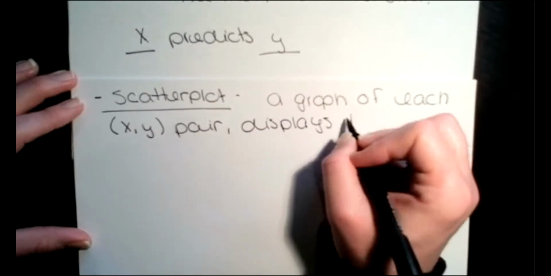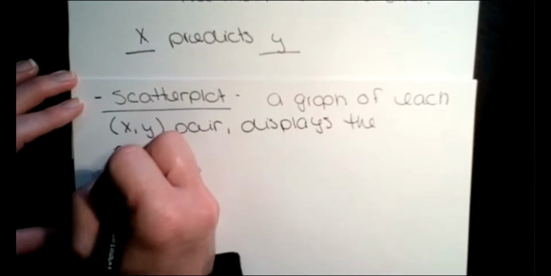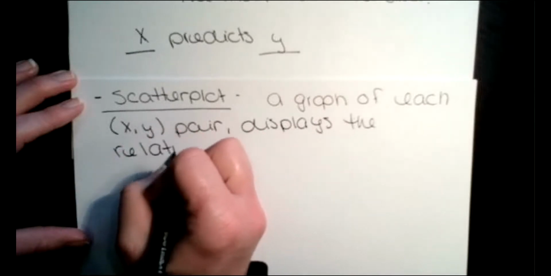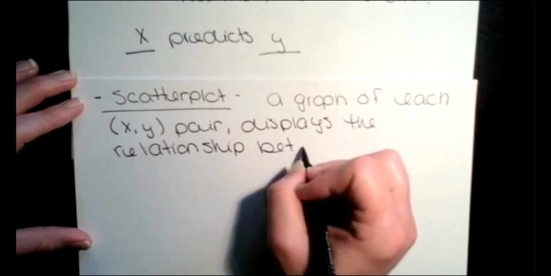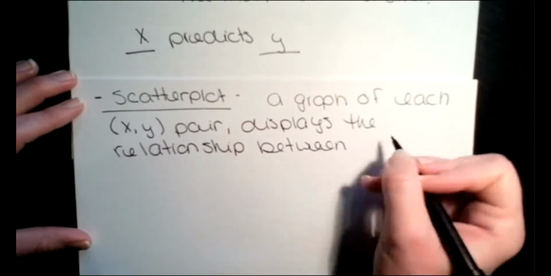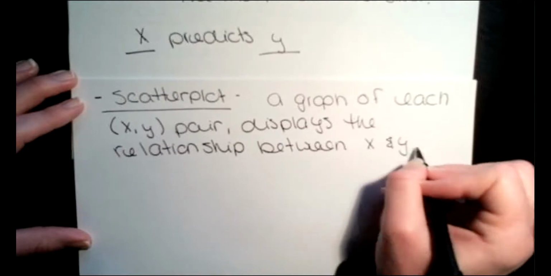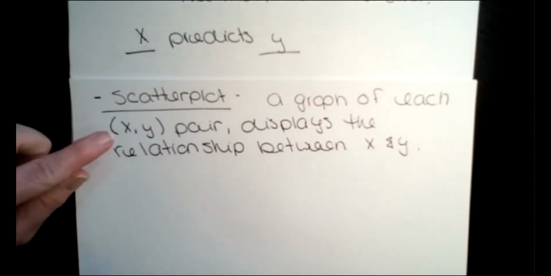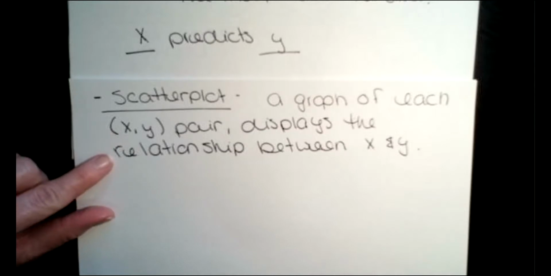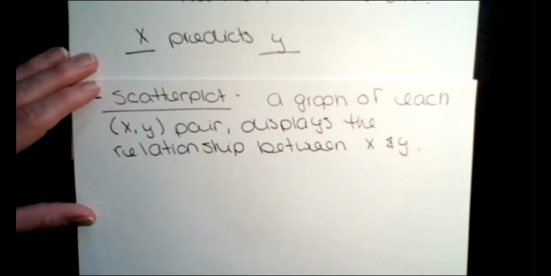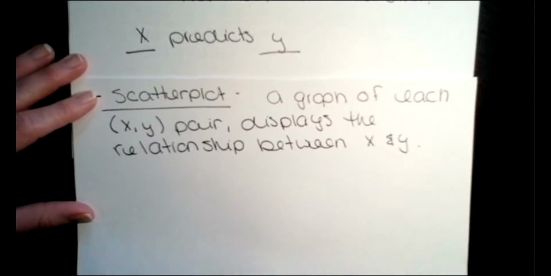It displays the relationship between my x and y. So it's a graph of all these xy pairs, and it gives me an idea, just a visual, of the relationship that's going on between x and y, right?